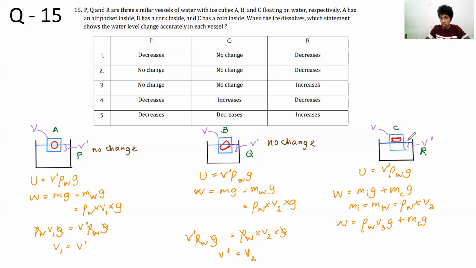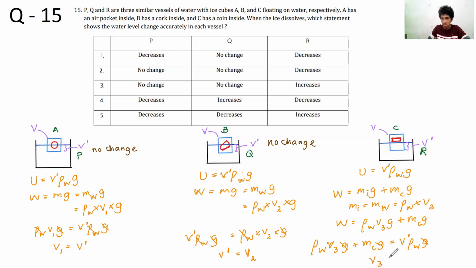So as the ice cube is floating, the weight of the ice cube is exactly equal to the upthrust. Therefore, we can write rho W into V3 into G plus MC into G is equal to V dash into rho W into G. So here G and G cancel. So here you can see rho W and rho W are on both the sides, but as there is a term in C, that means the mass of the coin, V3 should be less than V1.